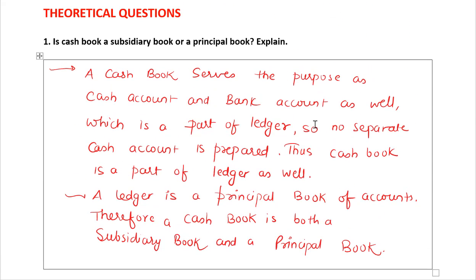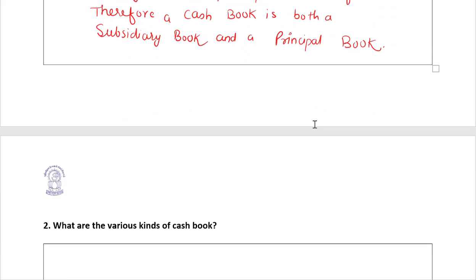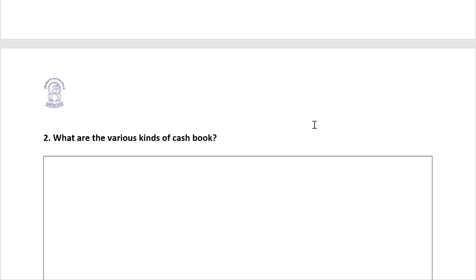Okay, let's see another question. What are the various kinds of cash book? We have single column cash book, which is also known as simple cash book.